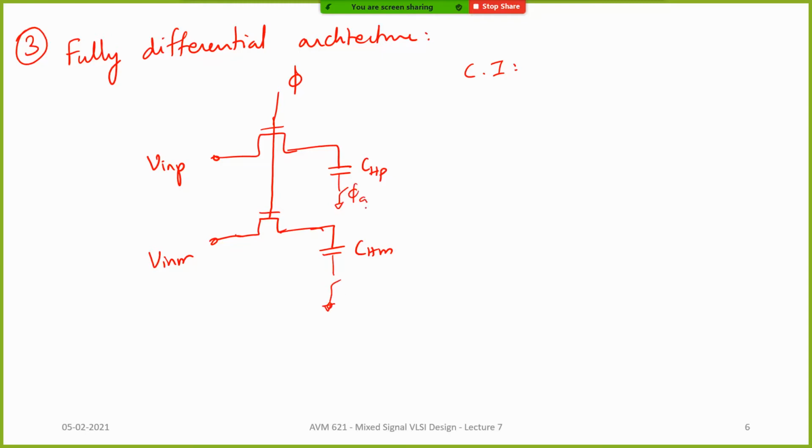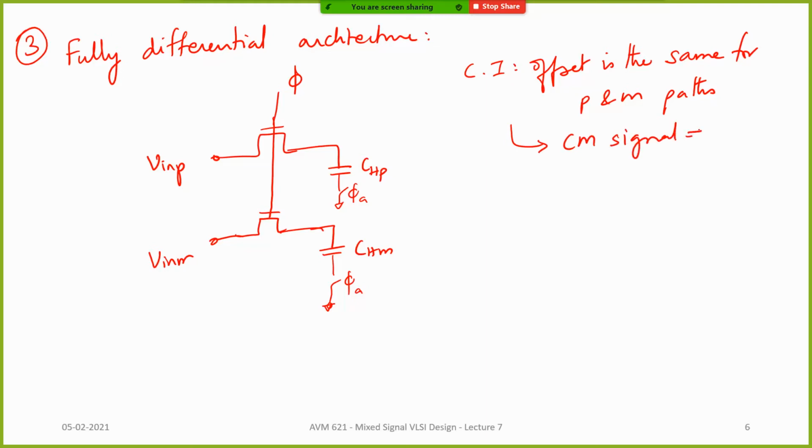Let's say this is phi A, this is also phi A. Now the offset error that we talked about is the same for the P and M paths. So it becomes a common mode signal. Charge injection now becomes a common mode signal, which will get removed by CMRR.